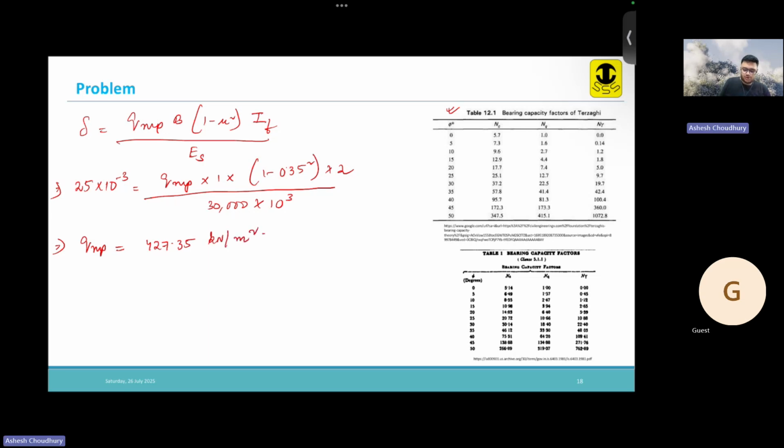So what we do, we generally take the lesser of the two, right? The lesser of the two is the allowable bearing pressure.